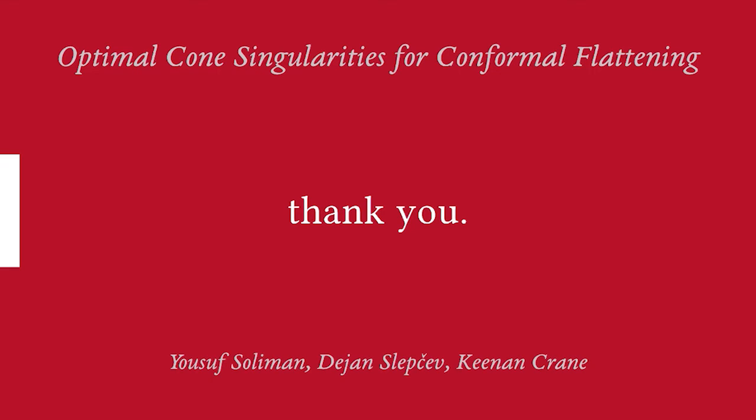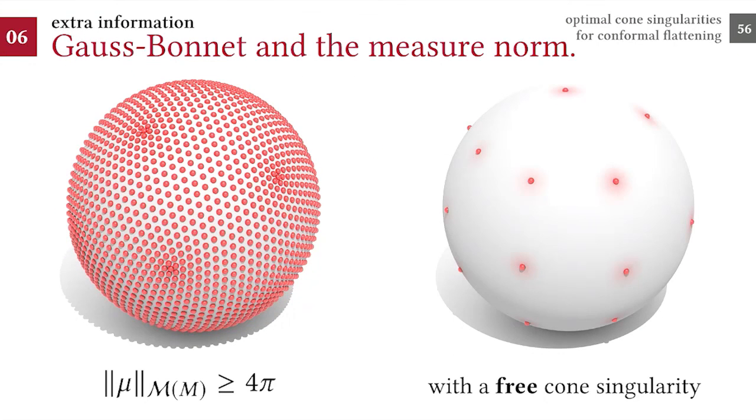Yeah. Hey, these are extremely impressive results. I just wanted to know, I assume they work for surfaces of any genus, like toruses? Yeah, so there's an interesting thing that happens once you go into higher genus, where you have an issue with this Gauss-Bonnet constraint, which tells you that this measure norm is always going to be greater than whatever you get from Gauss-Bonnet.